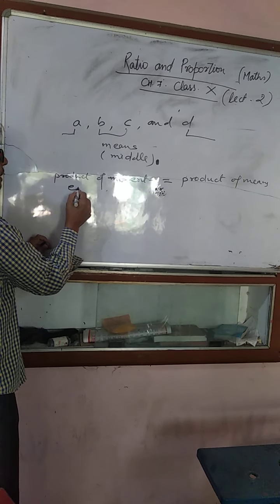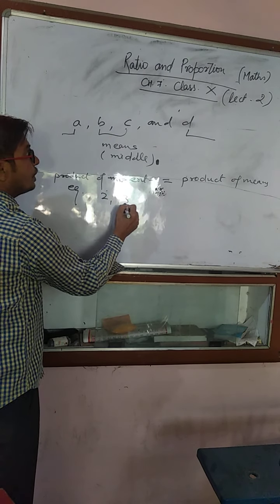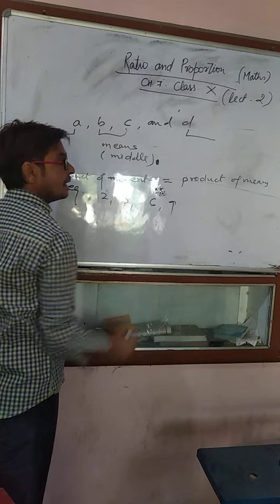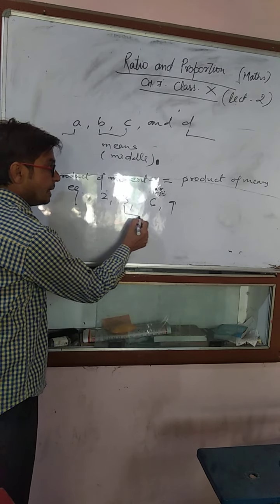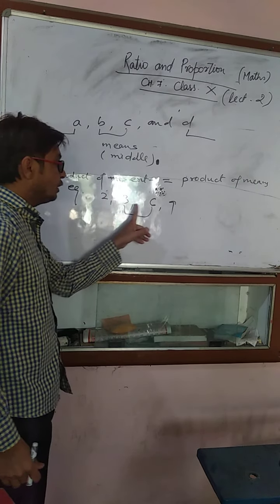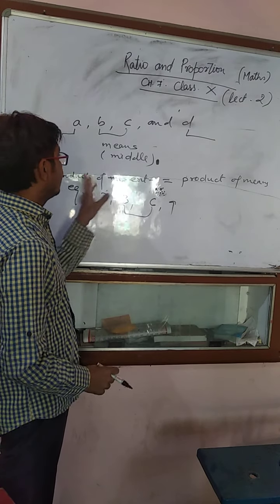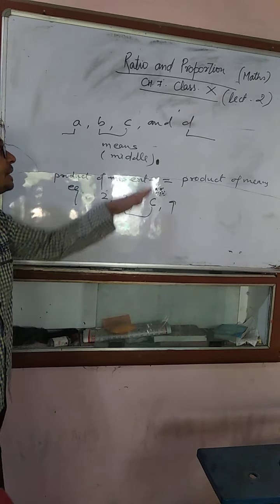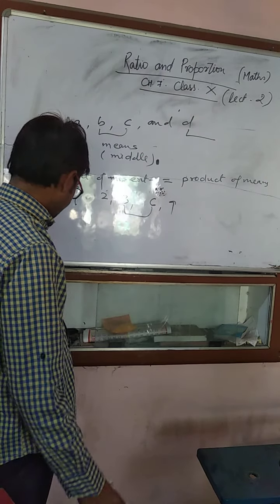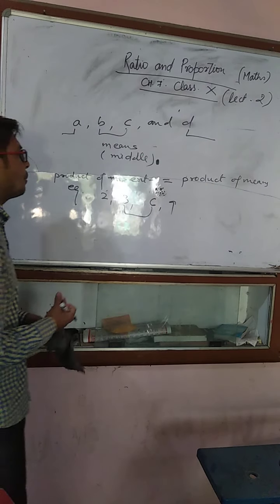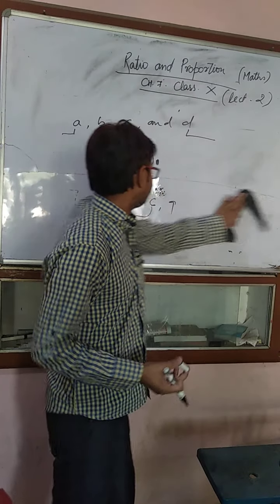Like the example 2, 3, 6, 9. Now multiply 6 into 3, 18, and 2 into 9, 18. So this is also one of the properties of proportion. Okay, this is the second property of proportion.